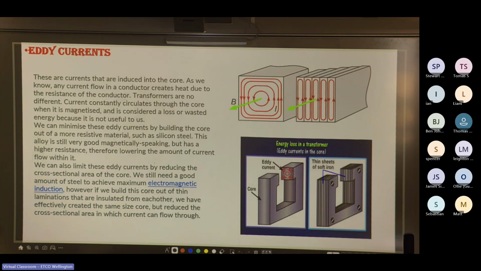However, if we build this core out of thin laminations that are insulated from each other, we have effectively created the same size core, but reduced the cross-sectional area in which current can flow. And when we say insulate, we mean electrically insulate. So we use a material that electricity cannot pass through, but will still allow magnetic permeability.